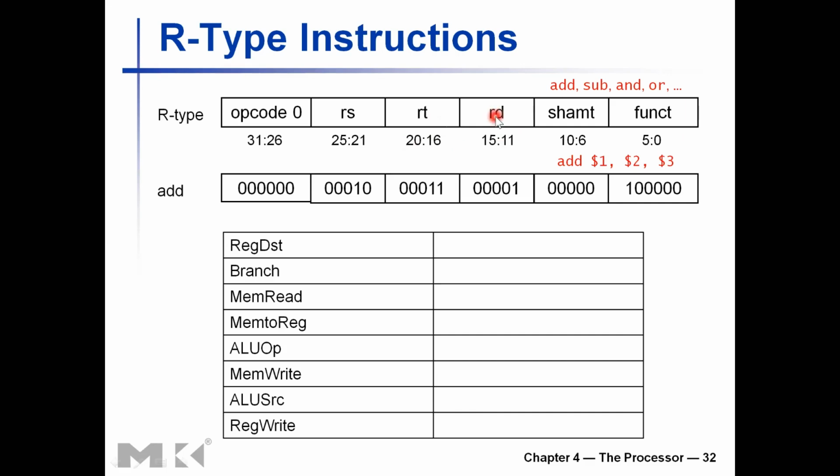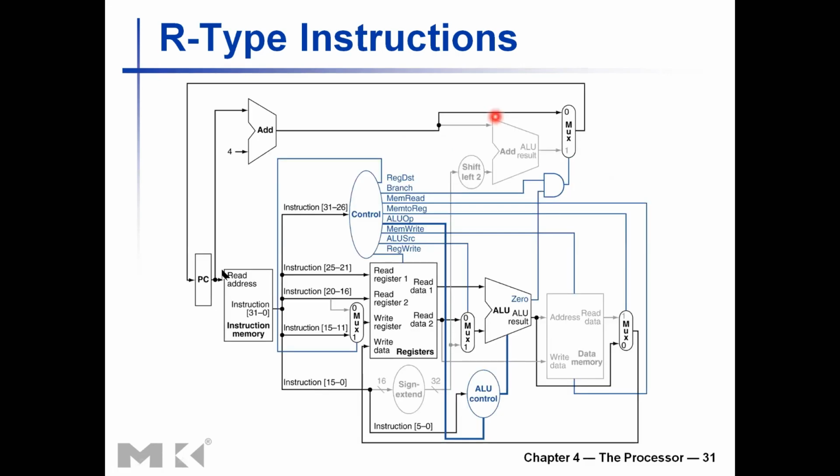So this control signal, register destination, decides whether the destination register is given in bits 11 to 15 or bits 16 to 20 of the instruction word. In our case, for R-type instructions, the destination register is given in bits 11 to 15.